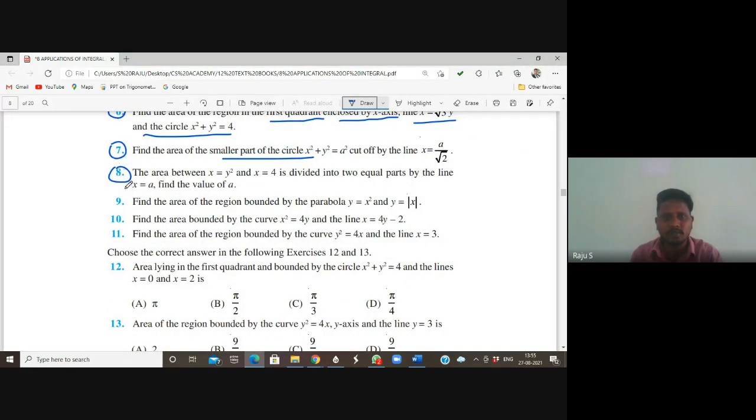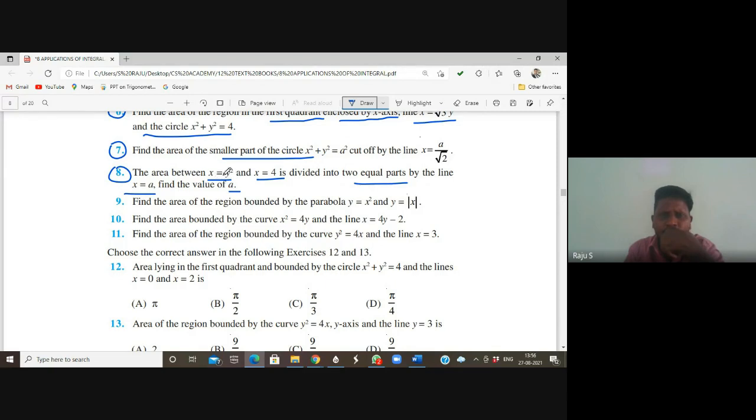Question number 8. I planned to complete this exercise, but due to the disturbance... Next, the area between x is equal to y square and x is equal to 4 is divided into 2 equal parts by the line x is equal to a. Find the value of a.